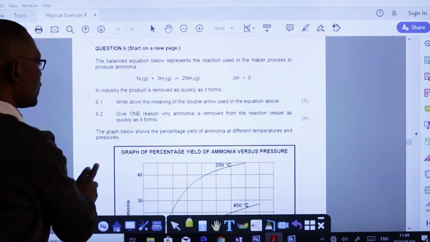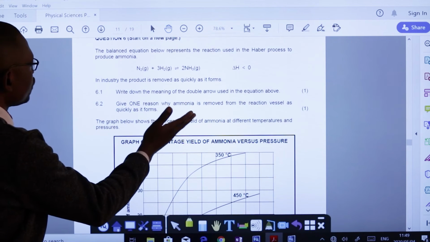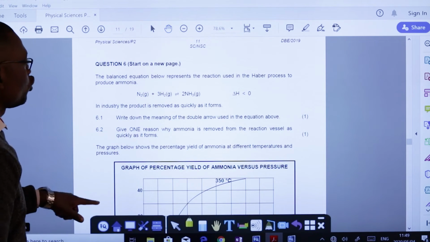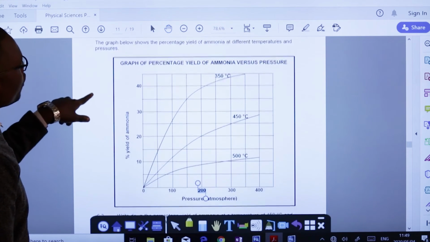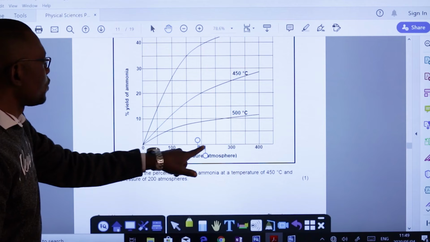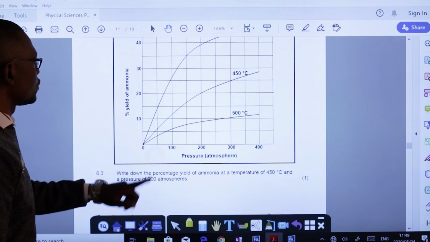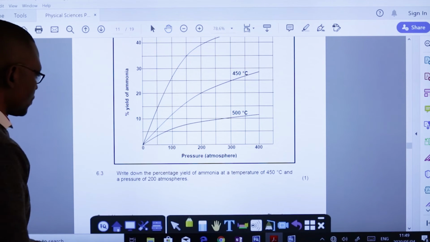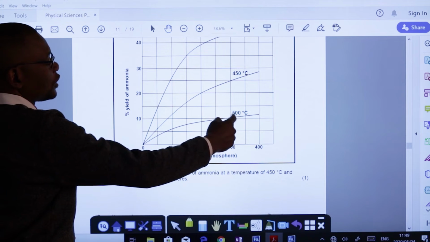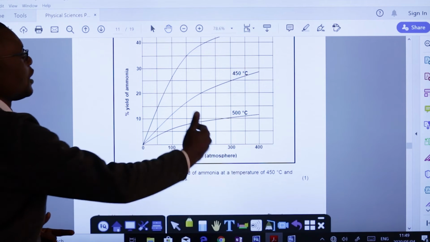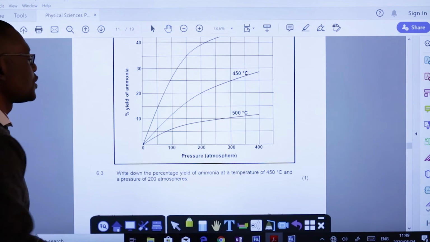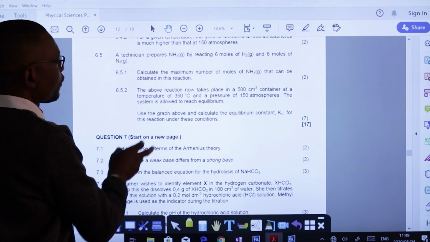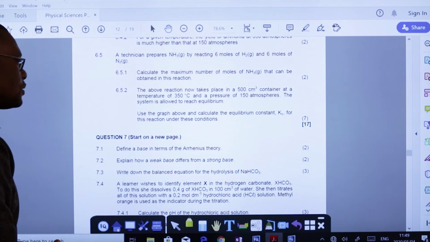We were not initially told in what volume the balanced equation was taking place, but we know that things were happening at these respective pressures and temperatures. Now we are told that the reaction is taking place in a volume of 500 cubic centimeters at a temperature of 350 degrees.